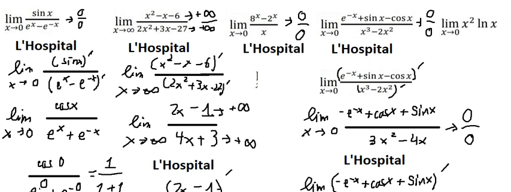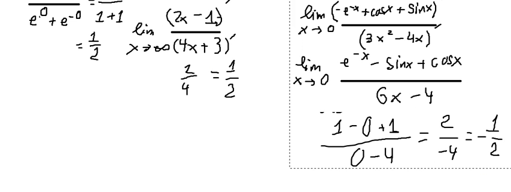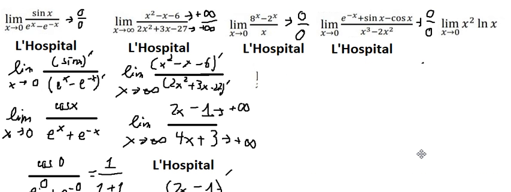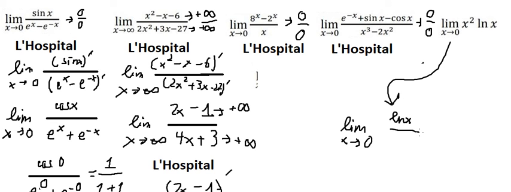Now let's go to the last one. For this one we can write like this. When x approaches 0, ln of 0 goes to negative infinity.